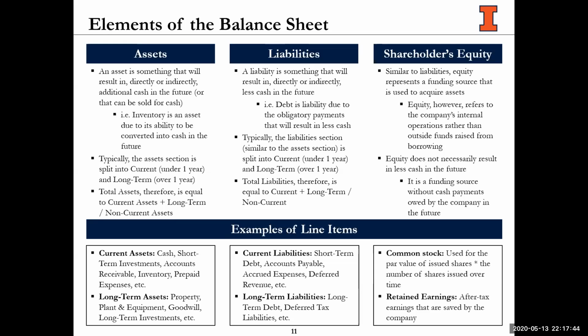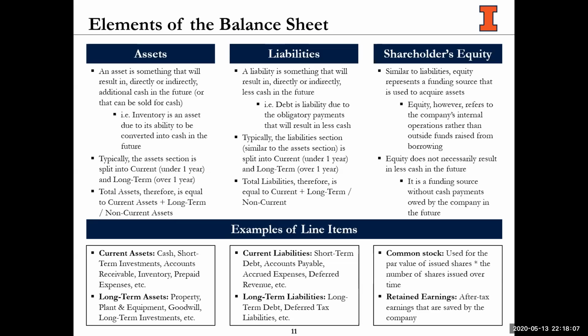Some liability examples we've talked about are accounts payable or accrued liabilities. Accounts payable essentially is the vendors you have to pay for your day-to-day operations, and accrued liabilities are things like wage expense or rent expense that you still owe, however you haven't paid yet.